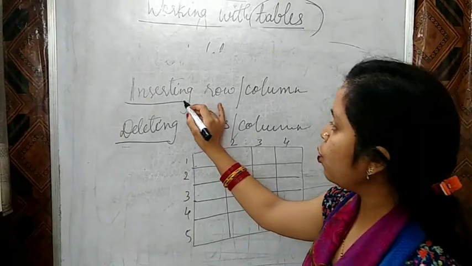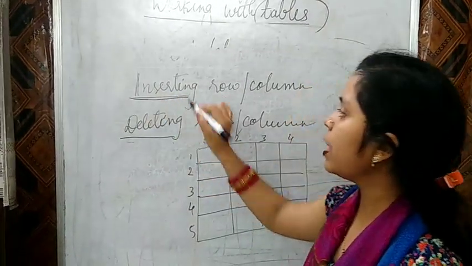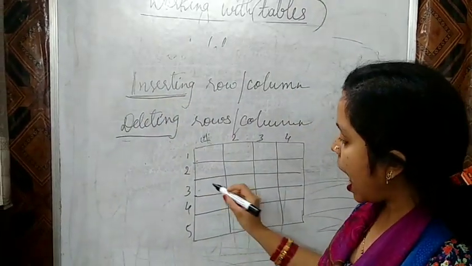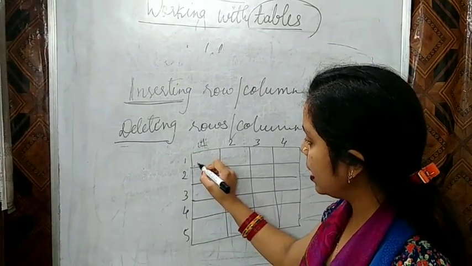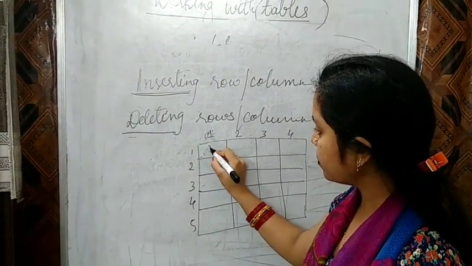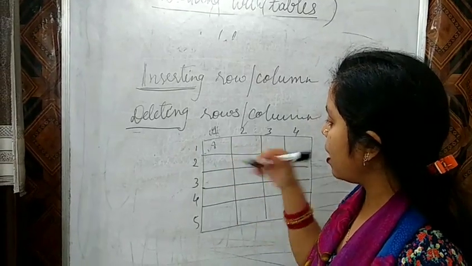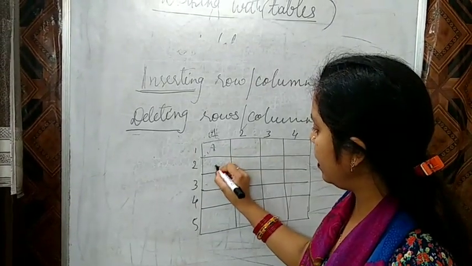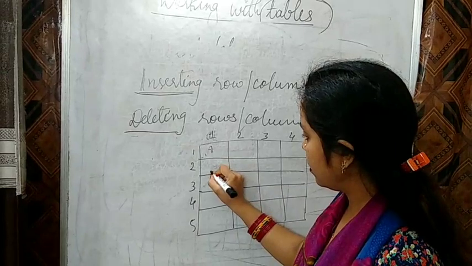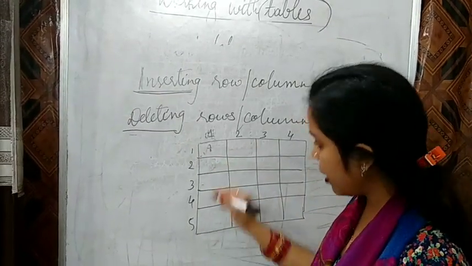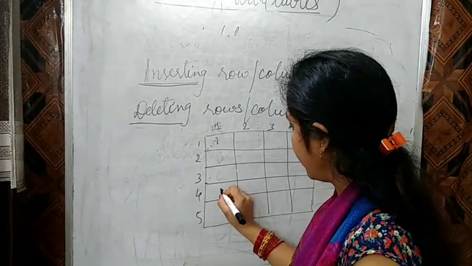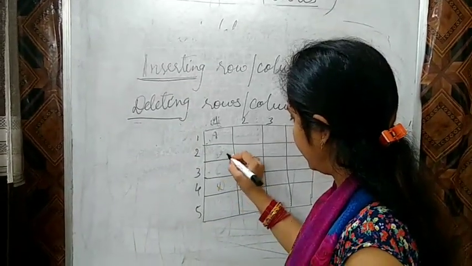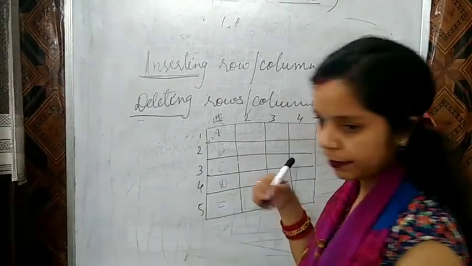Now I want to insert one more row in that table. Suppose here I have written A. Here I have written any letter like B. This information I have filled in the table. Here I have written C, D, E.